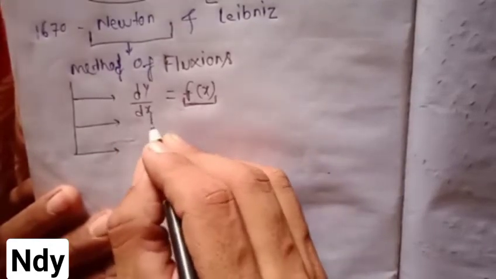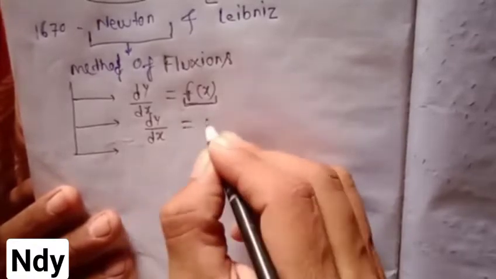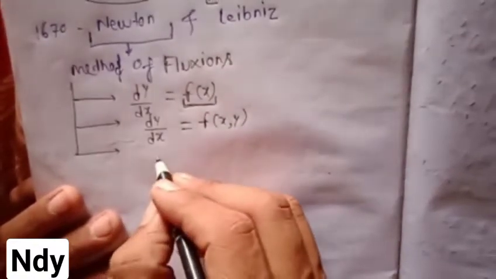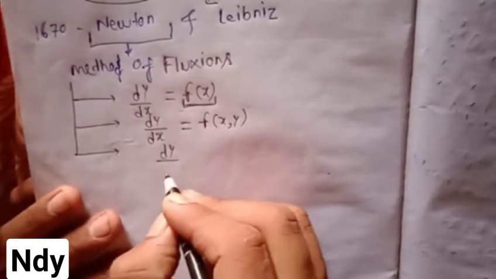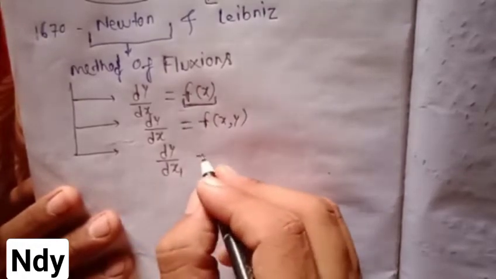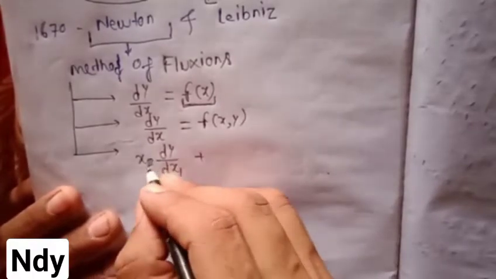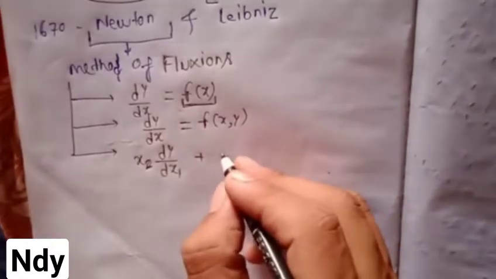The second one was dy by dx is equal to a function of x and y. And the third one was a differential equation in two independent variables. This is a partial differential equation.